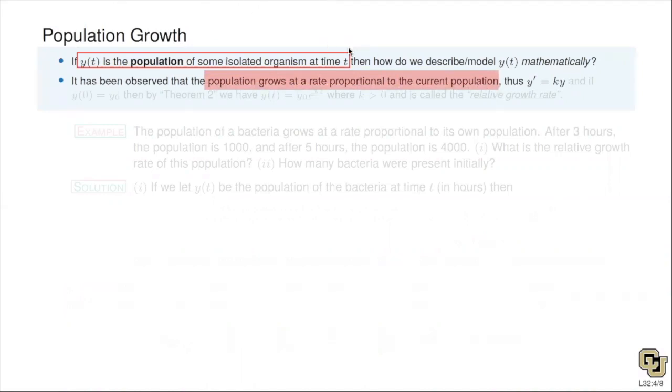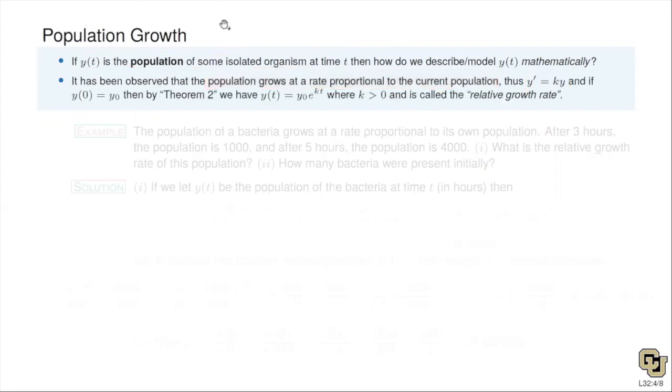If I wanted to say that in math, we would say the rate of change of the population is proportional to the value of the population. That is y prime equal to ky. And if I know the initial population, so suppose the initial population is y sub 0, then I can immediately use the previous theorem and write down the solution, the function that tells me the population at any time t.